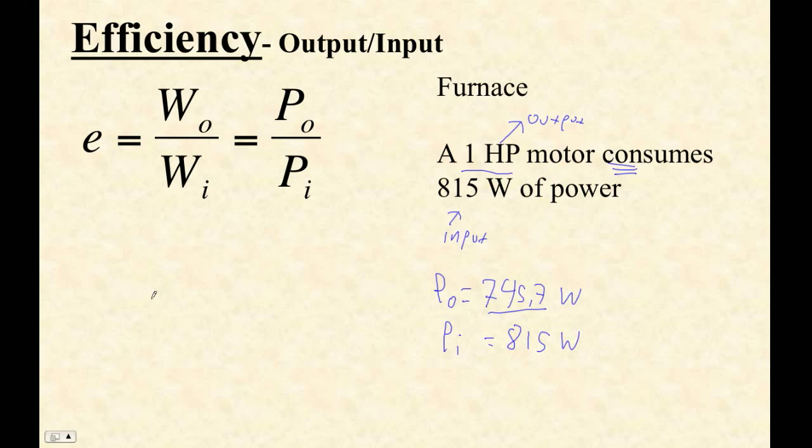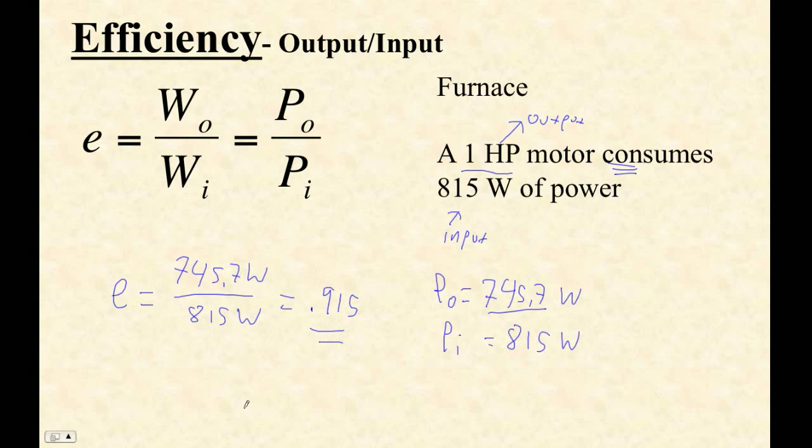And so our efficiency is output divided by input, so this divided by that, right? 745.7 watts divided by 815 watts. Let's do that on the calculator. 745.7 divided by 815, and that is 0.915. I'll just round it to 5, and that's our efficiency.